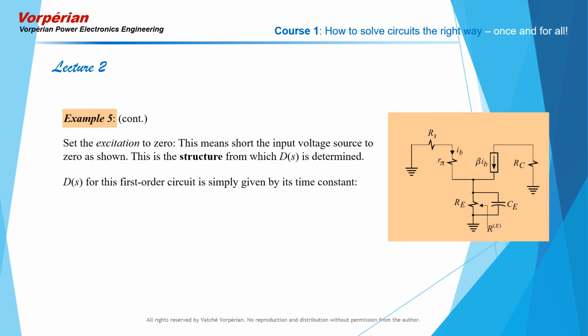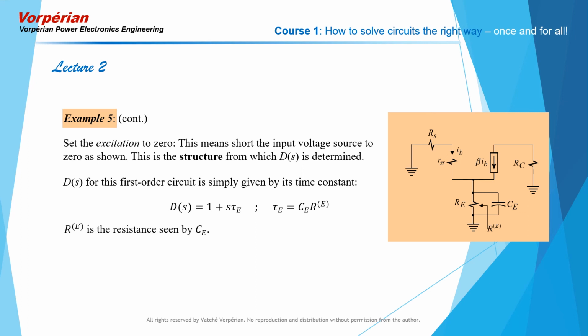Now, this is a first order system, so D of s for this circuit is going to be simply 1 plus s tau E, where tau E is the emitter capacitor multiplied by the effective resistance looking back into the circuit from the emitter port.